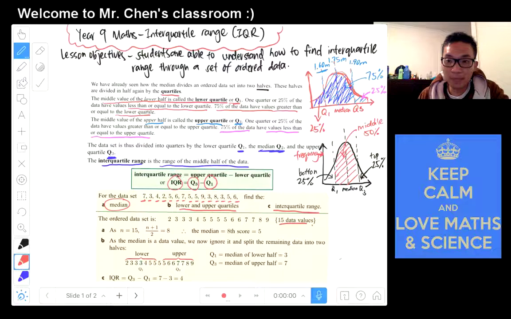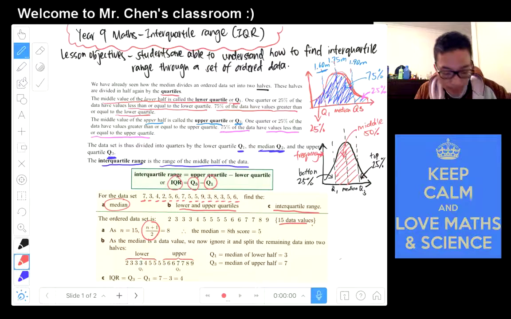To find the median, which is literally the middle, there's a formula you can always remember: n plus 1 divided by 2. Because there are 15 of them, if you count, it will be number 8. The number 8 data value is your median.